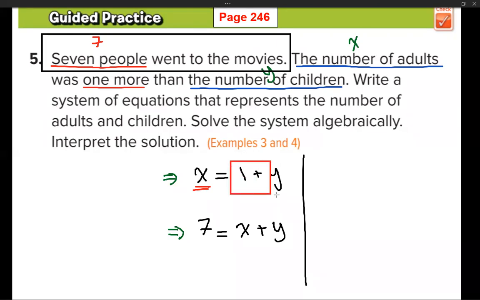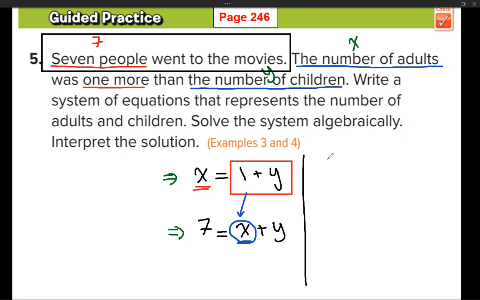So we can take this value for x and substitute it in the other equation. But we now know the x value, not the y, like in the previous questions, so we need to substitute, replacing the x with its value here.